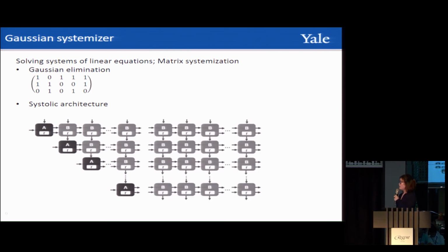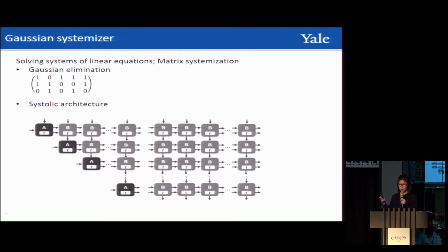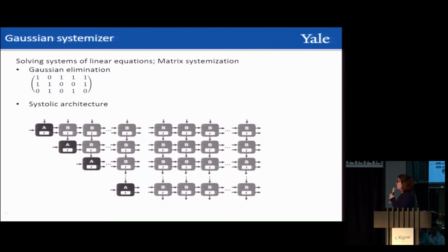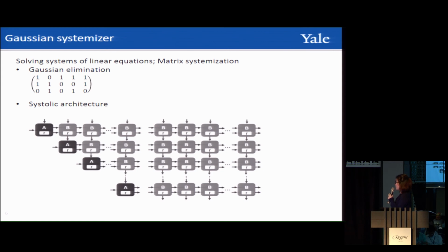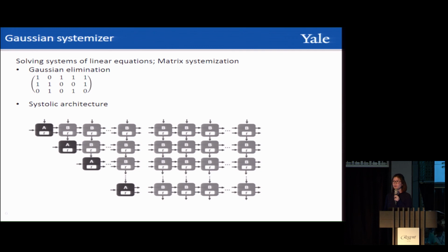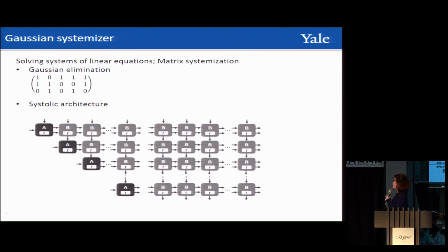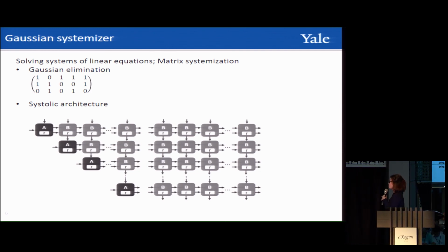Instead of having a huge systolic architecture of the same size as the matrix, you can develop 2 systolic architectures, a triangular one and a square one, and then use them to simulate the functionality of the original huge architecture. And in their implementation, they divided the elimination into 2 phases.